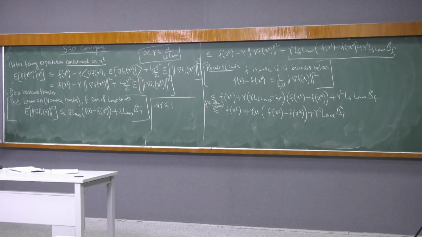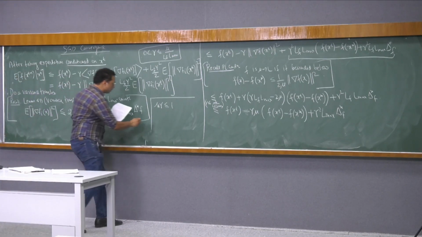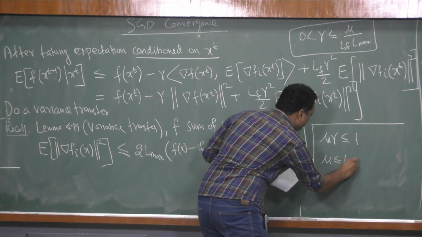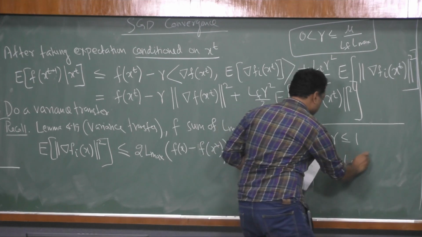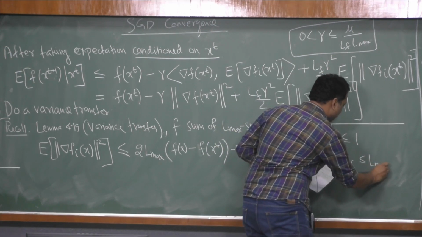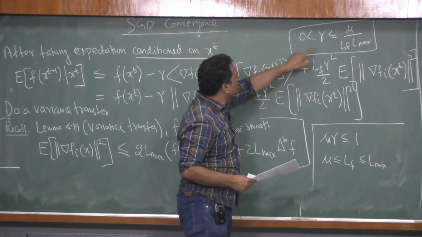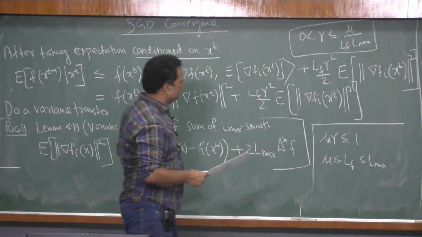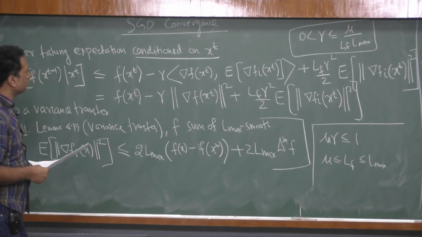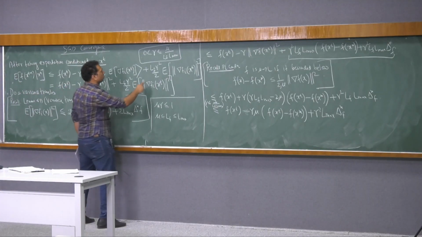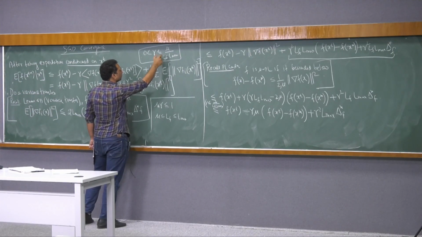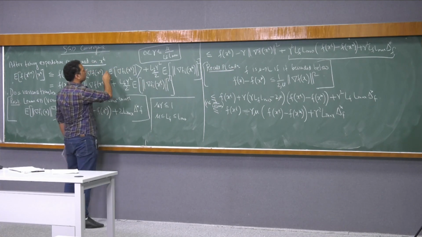What we know is that mu of the PL is less than or equal to LF, and this is less than or equal to L max. So combined with this, we are supposed to have mu gamma less than or equal to 1. Let us say that we multiply by mu, there will be mu squared, right?